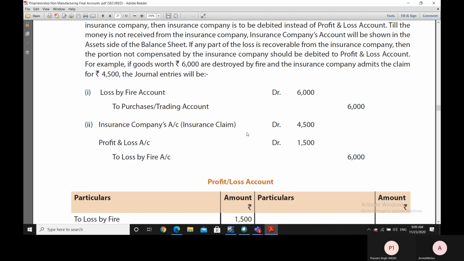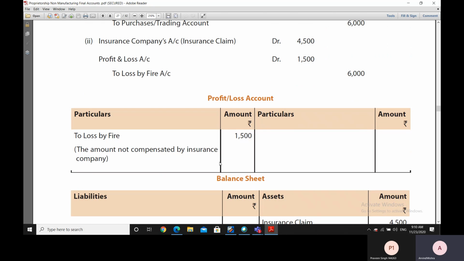Thereafter, we will debit the insurance company for 4,500 because they are going to pay us 4,500 rupees, and we'll debit the profit and loss account for the remaining 1,500 rupees, and we'll credit the loss by fire account or abnormal loss account. Thereby, the loss by fire account will not have any balance left. So it will get squared off. The debit that we had put here of 6,000, due to this credit, the loss by fire account is now squared off.